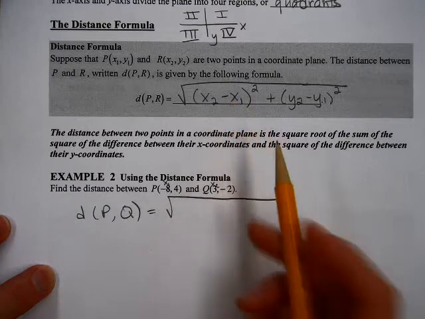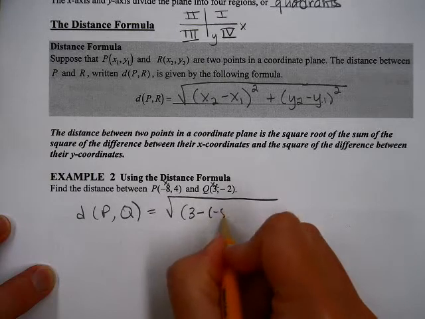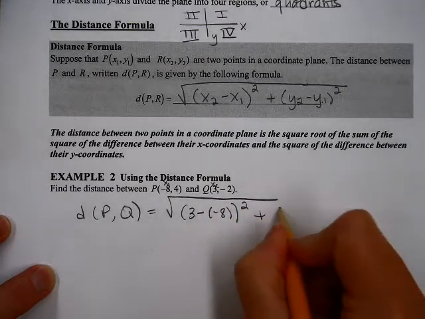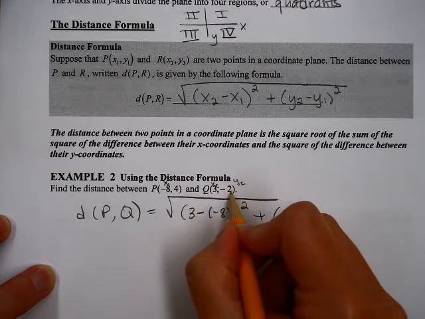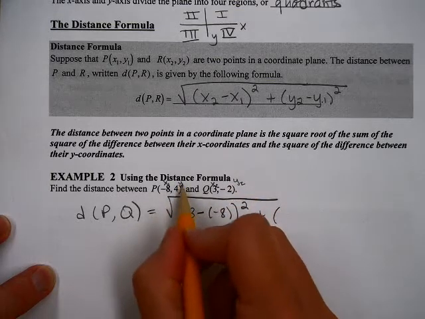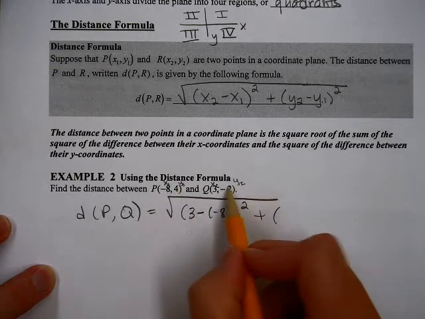We're going to have minus a negative. So we have 3 minus negative 8 squared plus, this is our y2 value because it's the second point and it's the y value. This is our y1 because it's the first point y value.